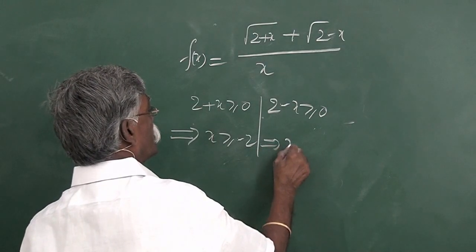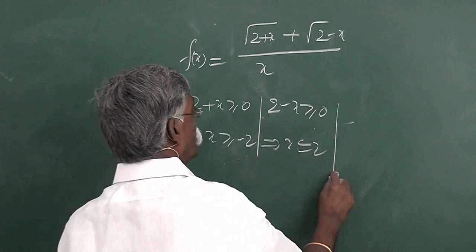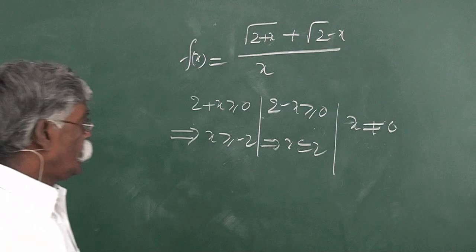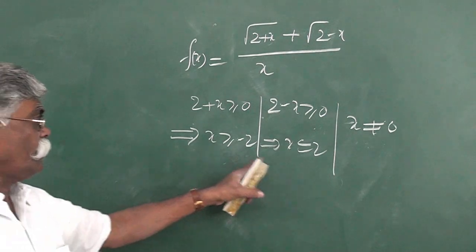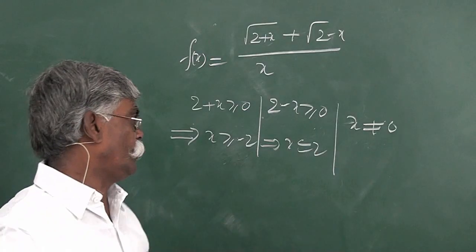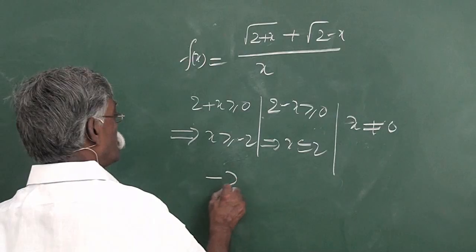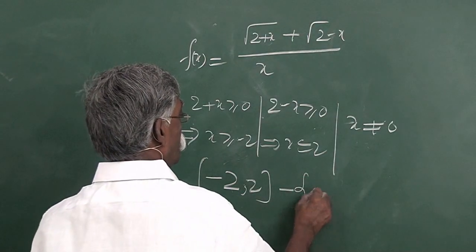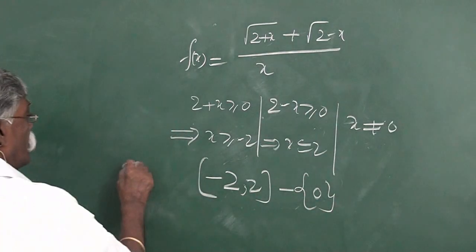This implies x is less than or equal to 2. And x is not equal to 0. So you can take all the values between minus 2 and 2 and remove 0. Therefore, from the closed interval minus 2 to 2, delete the number 0. This is the domain.